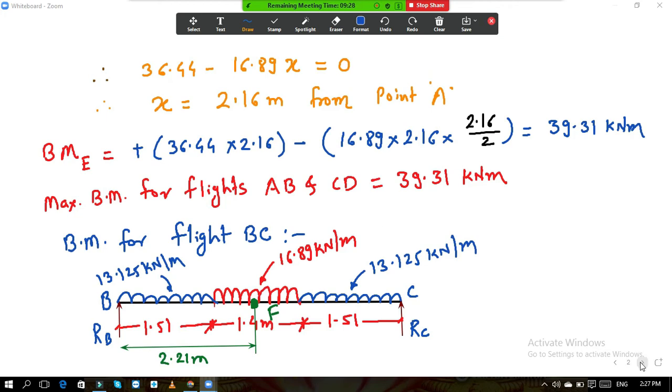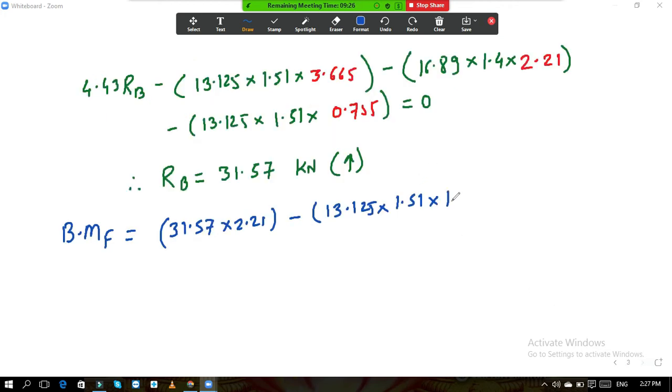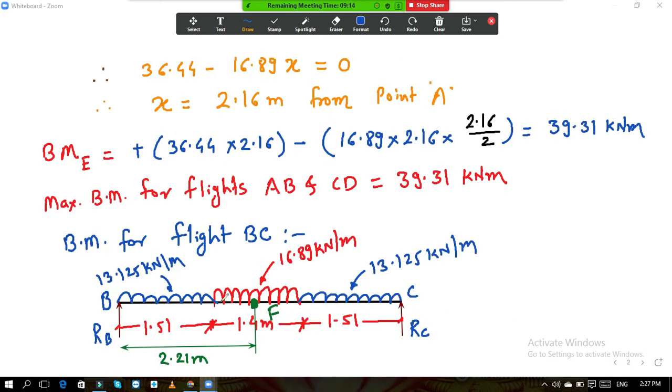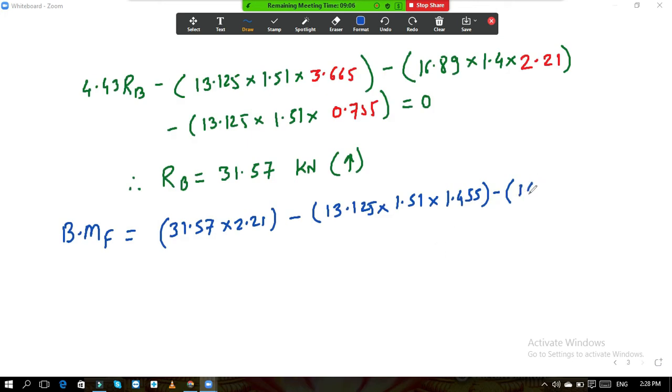1.455 is the distance. Then again minus, then again minus this much of UDL, remaining UDL. So it is 16.89 into 0.7 into 0.7 by 2.